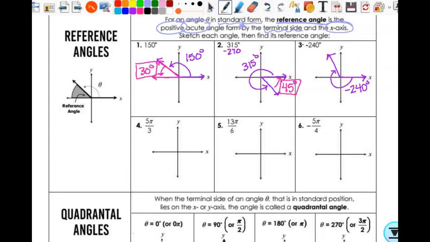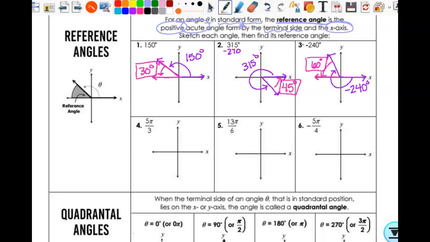My reference angle is always the shortest way back to the x-axis. It is this right here. And what does that measure? 60, because we already figured out we went 180 and another 60. That makes this 60. So my reference angle is 60. What questions do we have?